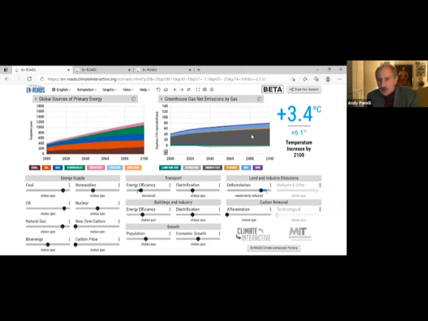The charcoal gray area here is CO2. The blue is methane release. Those are two of the biggest problems that we've got. What could we do to try to reduce these fossil fuel emissions?